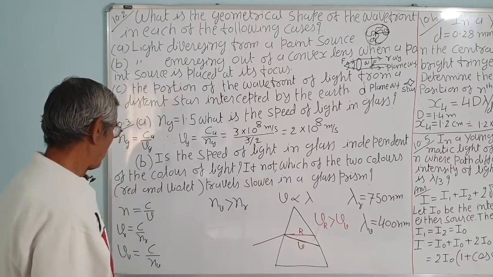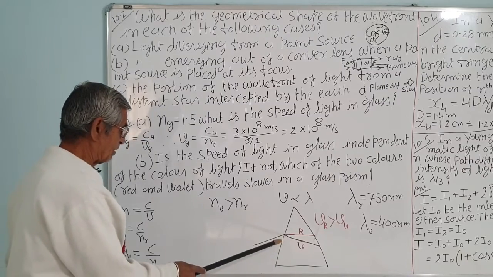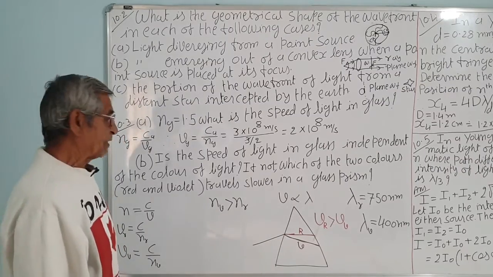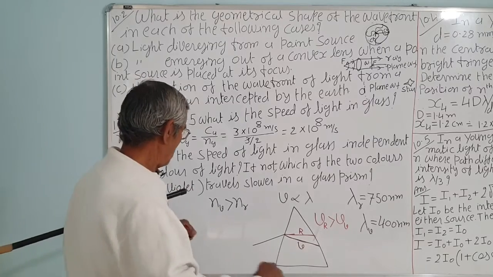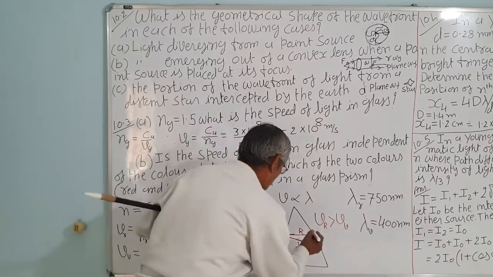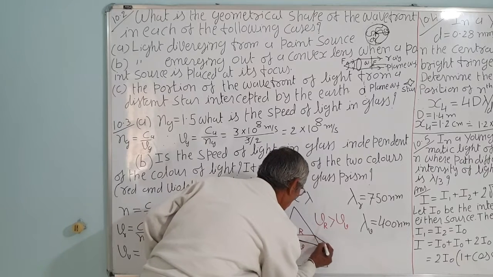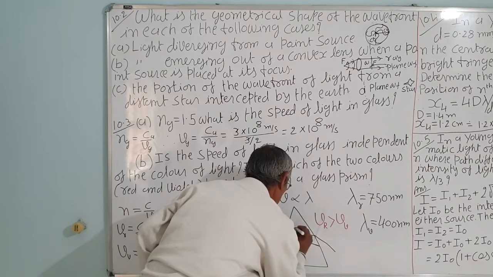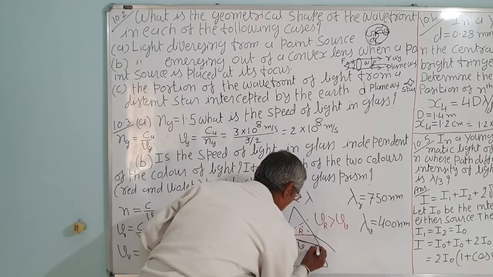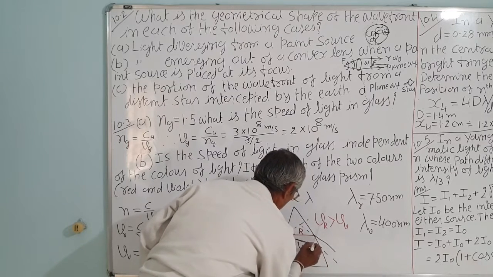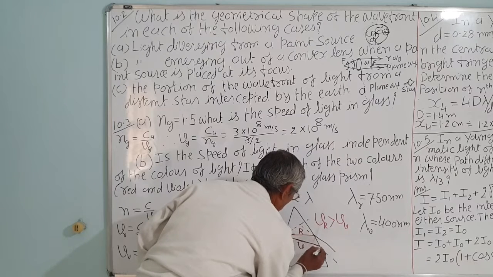But the refractive index for violet is more, because delta M, the deviation, for violet will be more. If we go this way, correct? For this, delta M is more.